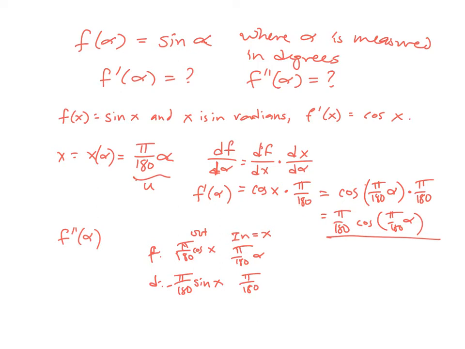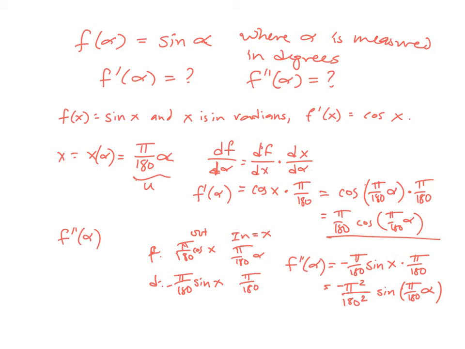And so for my second derivative, f double prime of alpha, I get negative pi over 180 sine of x times pi over 180. And then to get this back in terms of alpha, we get negative pi squared over 180 squared sine of pi over 180 alpha. So that's how we can do that.